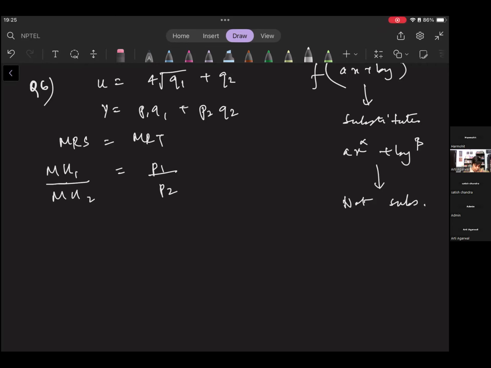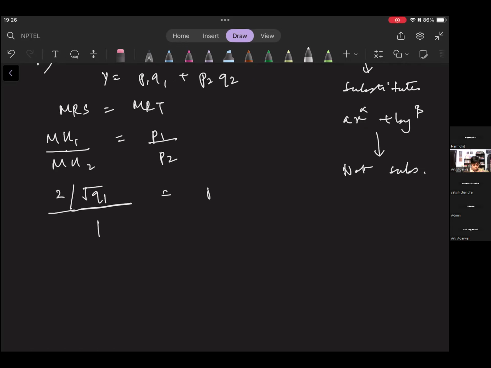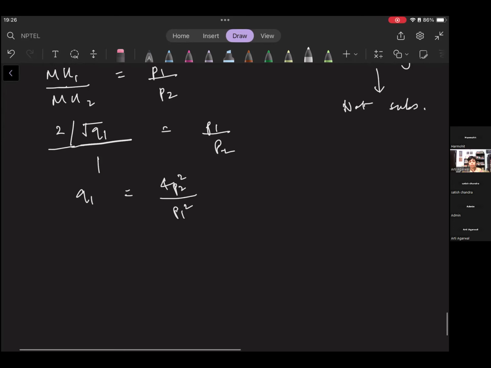The differential of 4 root Q1 is 2 by root Q1. 4 times 1 upon 2 root Q1, the 2 and 4 get cancelled, you get 2 by root Q1 upon MU2, which is just 1, is equal to P1 by P2. So you can rewrite this whole thing as Q1 equals 4 P2 squared by P1 squared.